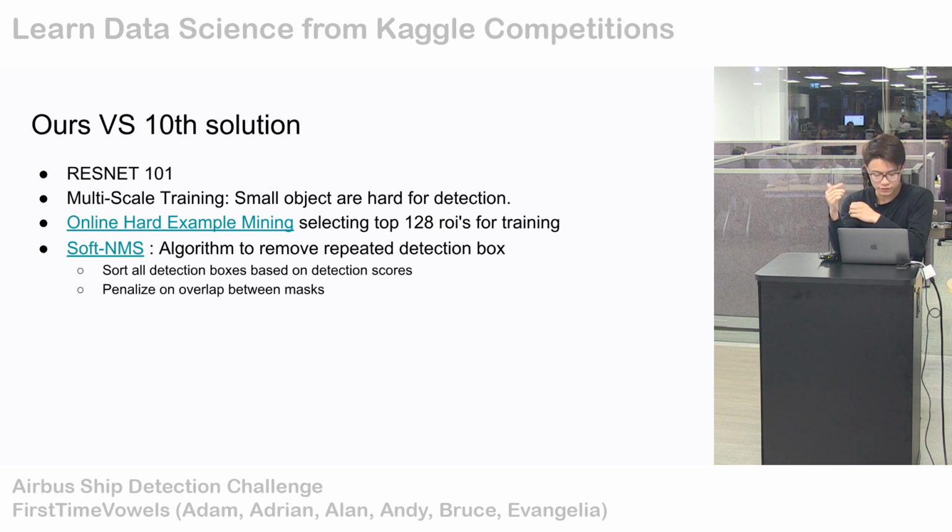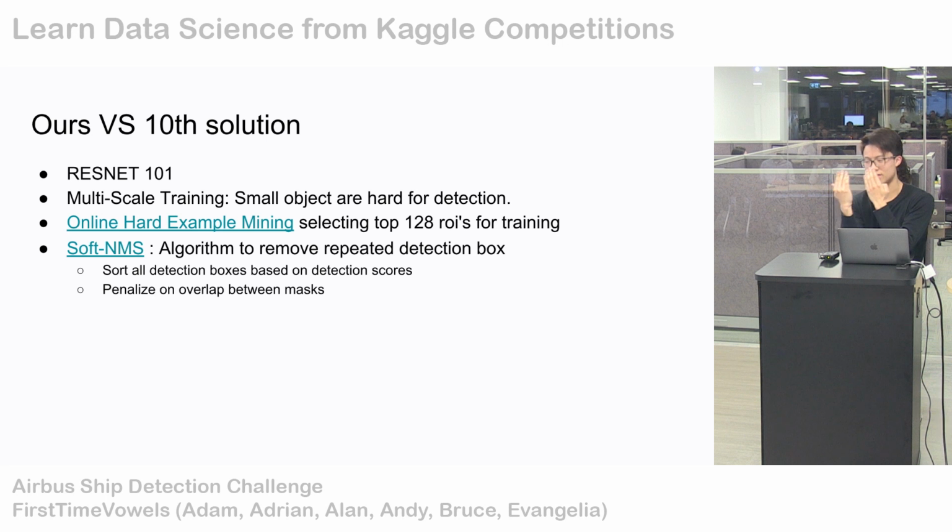Another thing is an algorithm to remove repeated detection boxes. So let's say you have two ships staying together, at like a 45 degree angle.